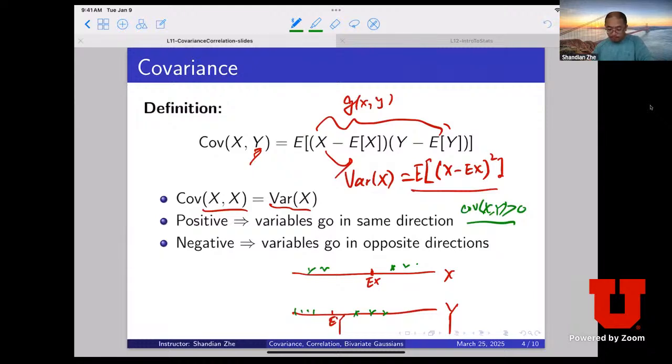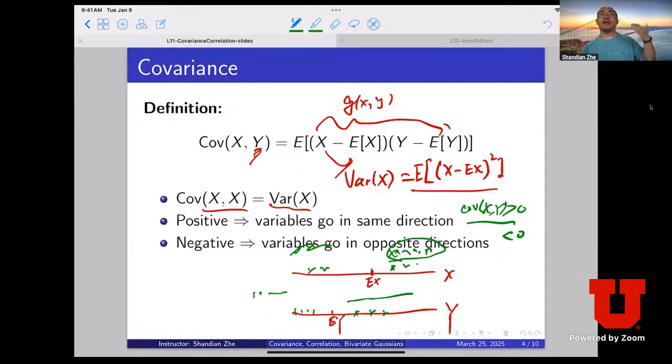On the other hand, if the covariance between X and Y is negative, it just means they're varying along opposite directions. So when you see X appearing here, then Y is more likely to appear here. Or when you see X taking here, then Y is more likely taking here.